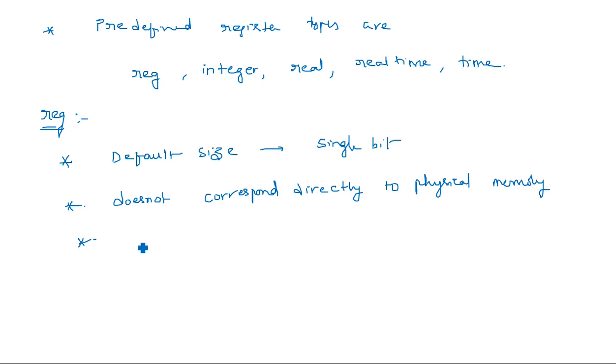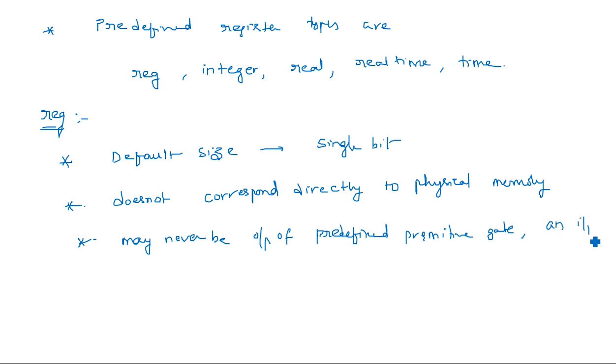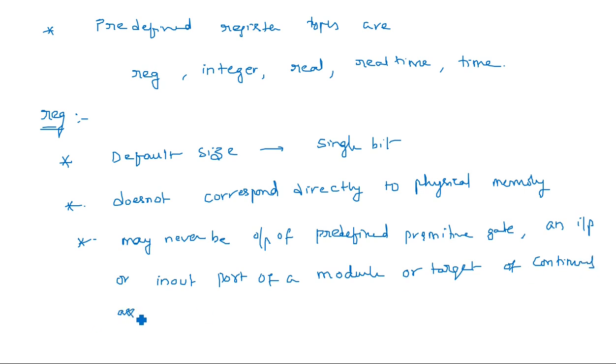It may never be the output of a predefined primitive gate, but it is an input or in-out port of a module, or a target of continuous assignment.